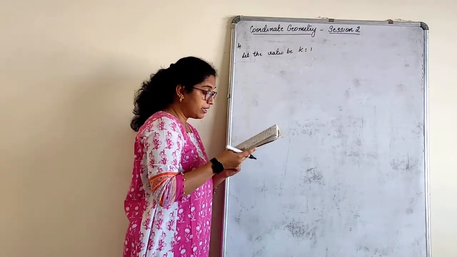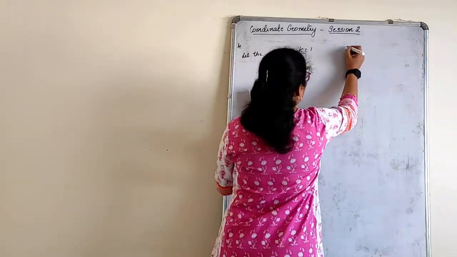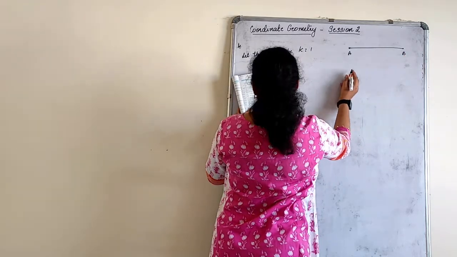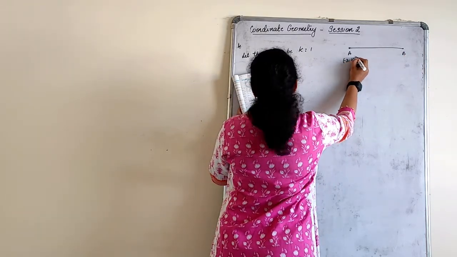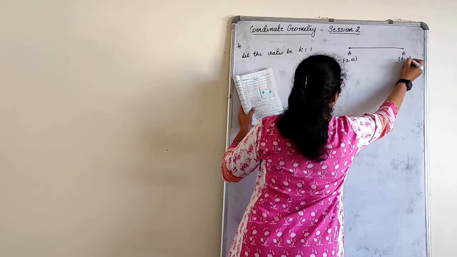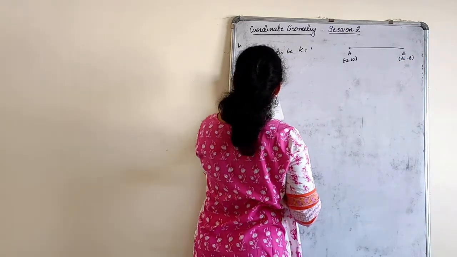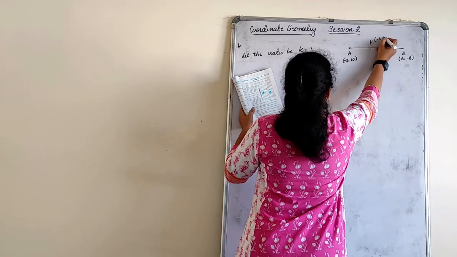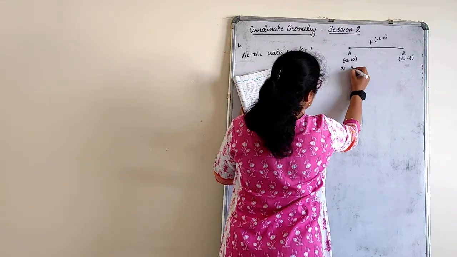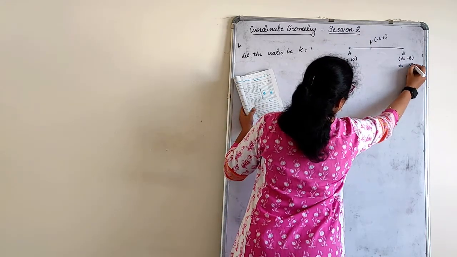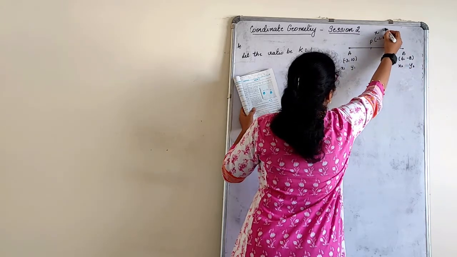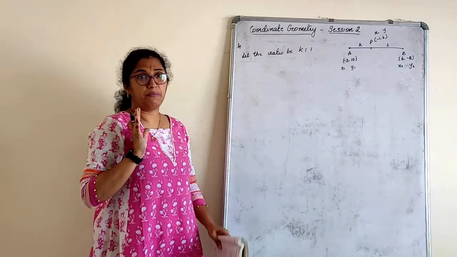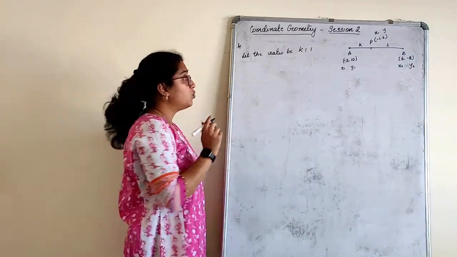Find the ratio in which the line segment joining the points, so this is A and this is B, minus 3, 10 and 6 comma minus 8 is divided by a point, this point is minus 1 comma 6. x1, y1, x2, y2, x, y, k is to 1. Same formula children what we have to apply, but the ratio is k is to 1.